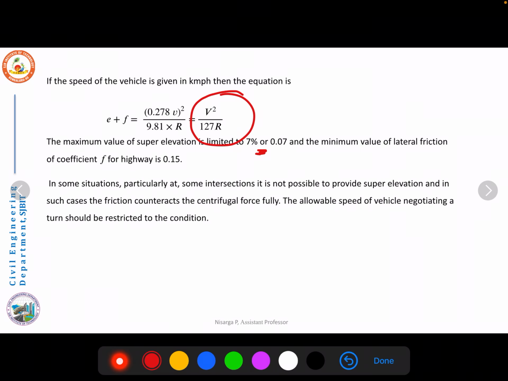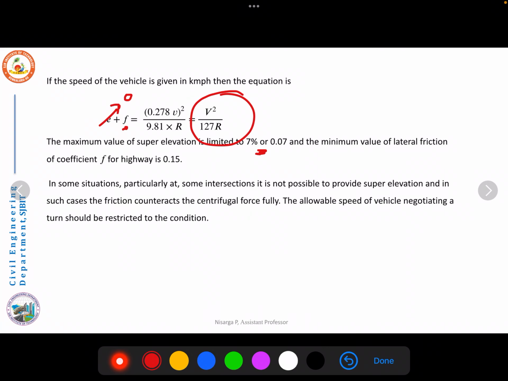0.15. In some situations, particularly at intersections, it is not possible to provide super elevation, and in such cases friction alone will counteract the centrifugal force fully. So the allowable speed in that case, E value becomes 0. The centrifugal force developed has to be counteracted only by the frictional value.